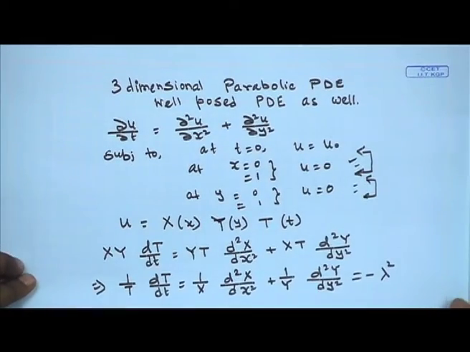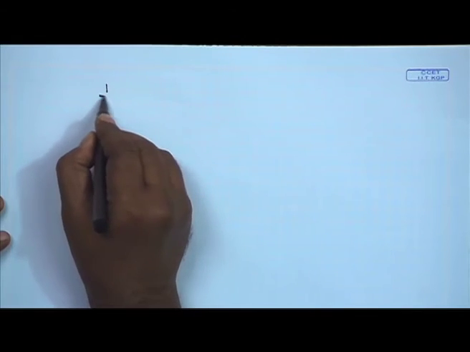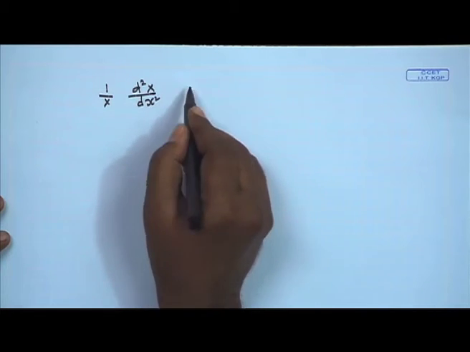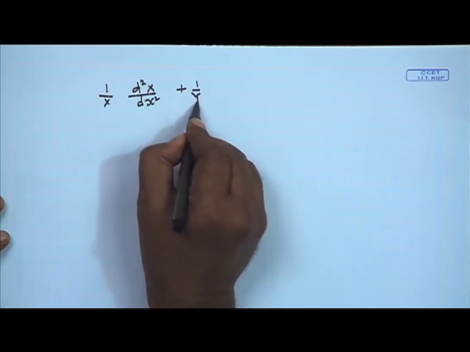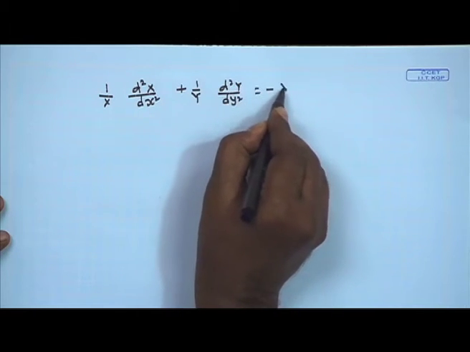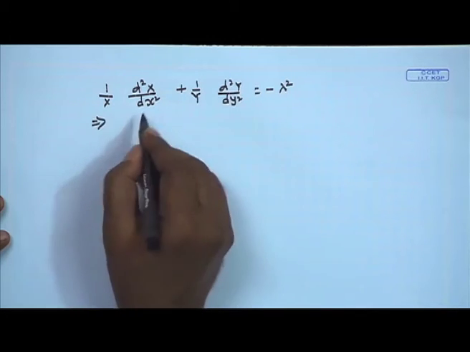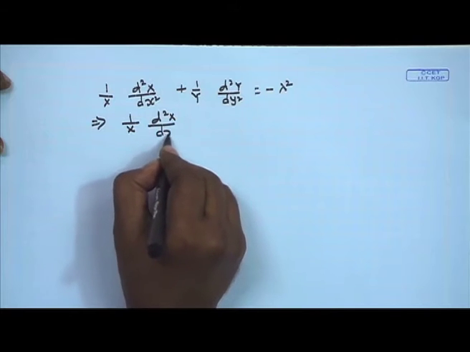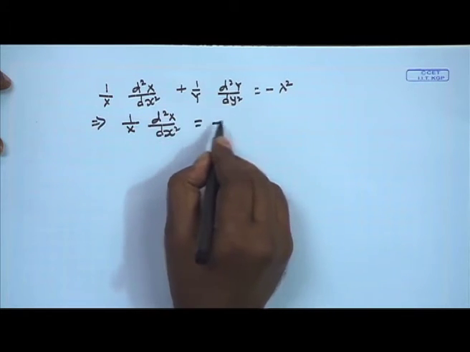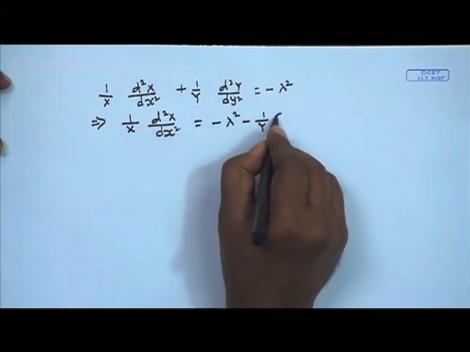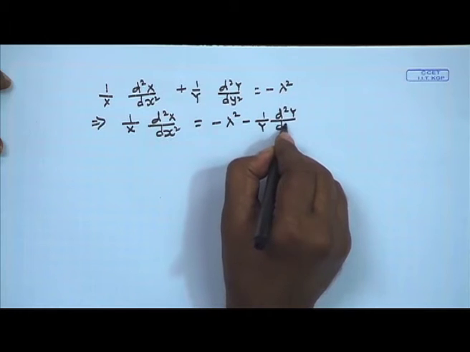So, let us look into the solution of the spatial variation part. So, 1 over X d square X dx square plus 1 over Y d square Y dy square will be equal to minus lambda square. Again we can write 1 over X d square X dx square, taking the y varying part on the other side, equal to minus lambda square minus 1 over Y d square Y dy square.